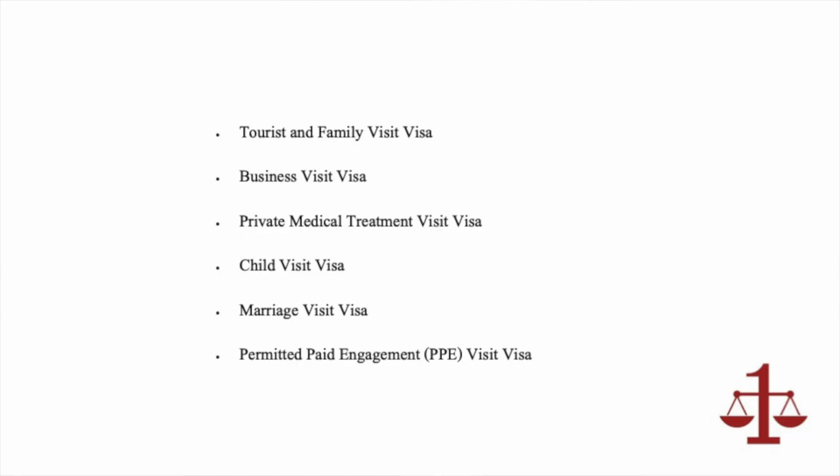The various categories of a standard visitor visa are tourist and family visit visa, business visit visa, private medical treatment visit visa, child visit visa, marriage visit visa, and permitted paid engagement visit visa. The exact requirements that you will need to satisfy will depend on which of those categories you are applying for.